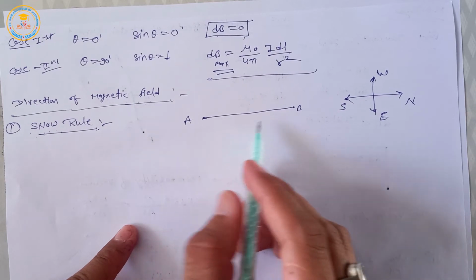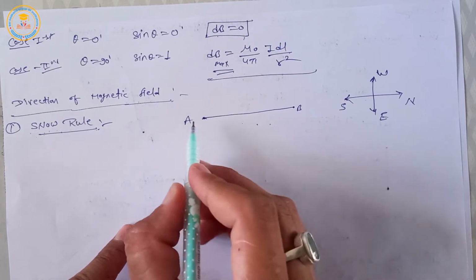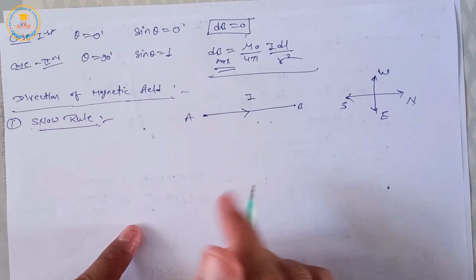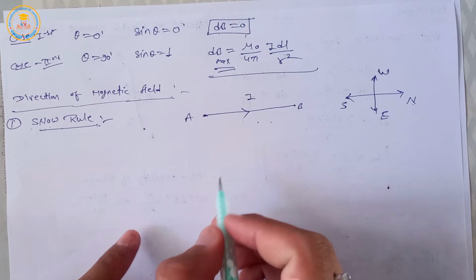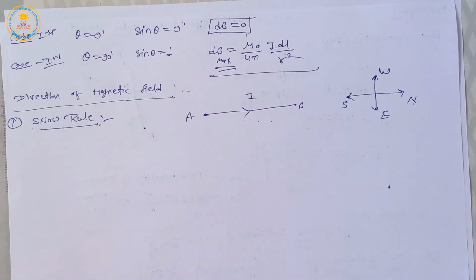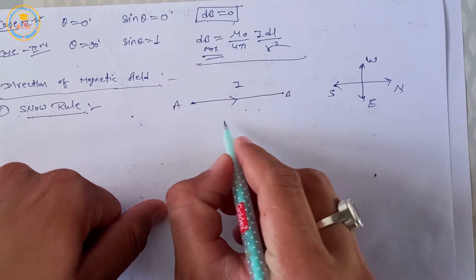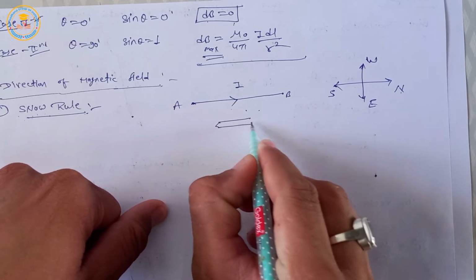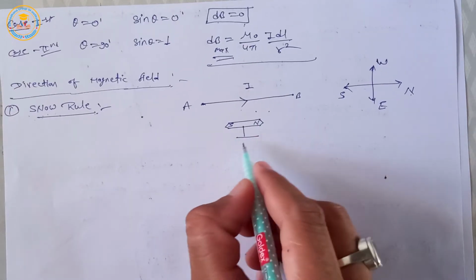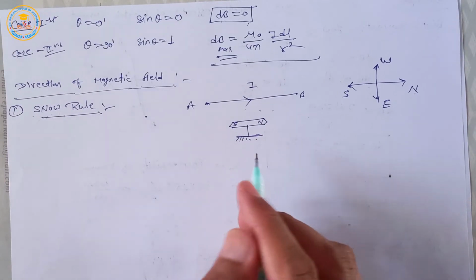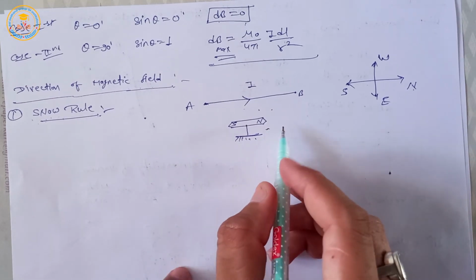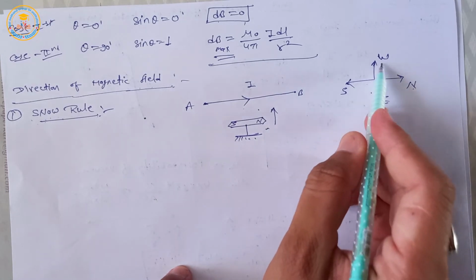If the current is flowing in this wire from south to north, in this direction, and a magnetic needle is placed over the conducting wire, here, with this pole south and this north, then the north pole of the magnetic needle deflects in the direction of west.